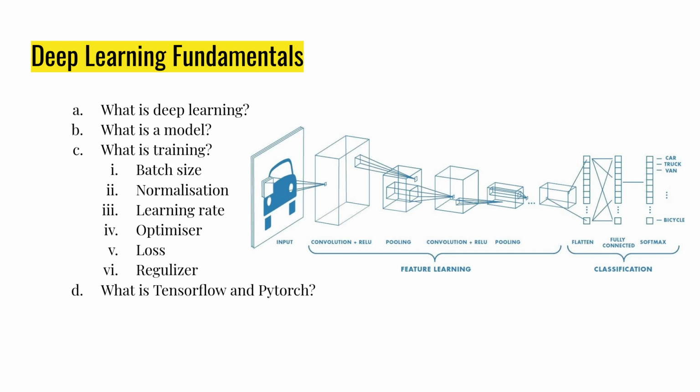Earlier, in machine learning or in artificial neural networks, there was handcrafted feature extraction, and that feature was fed to the network, so we cannot call that deep learning.